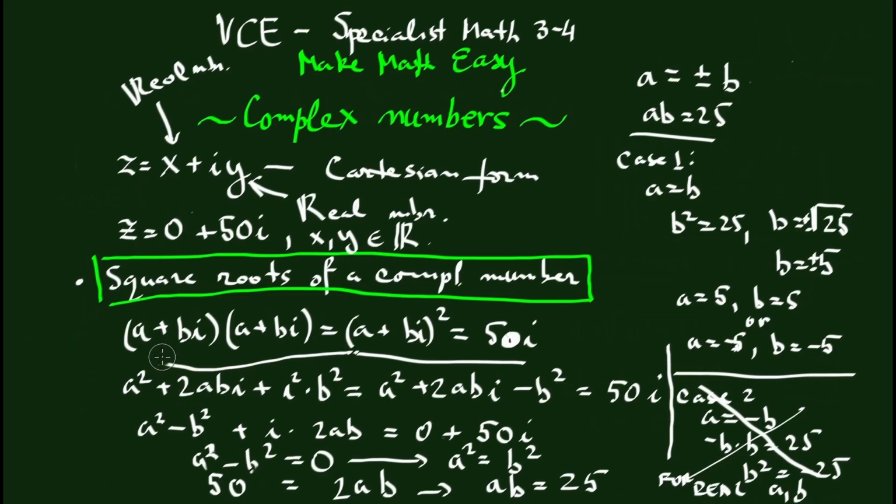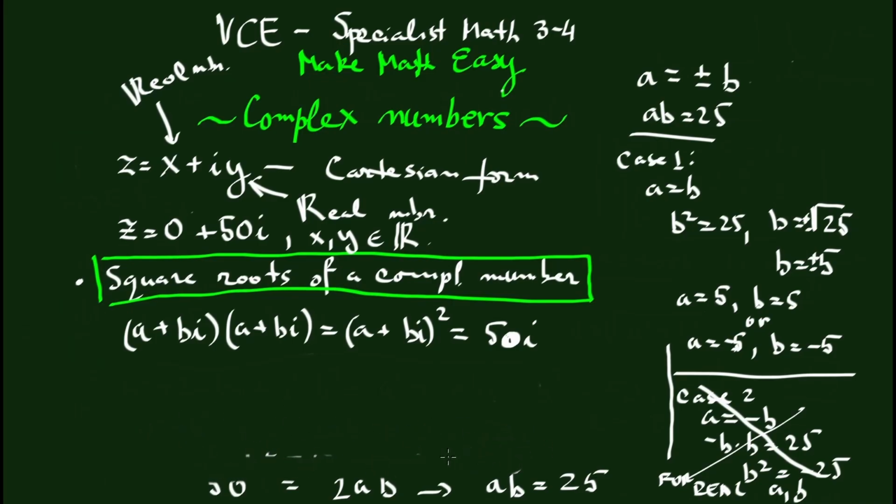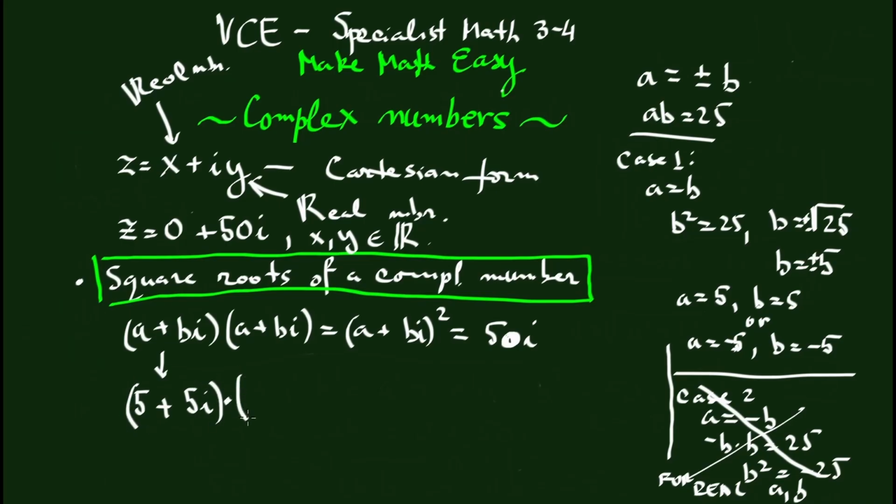So let's continue, make some room and write down our solution in the proper form, under where we started. Our solutions are a equals 5, b equals 5, so from here we have 5 plus 5i, or the other one is minus 5 minus 5i.